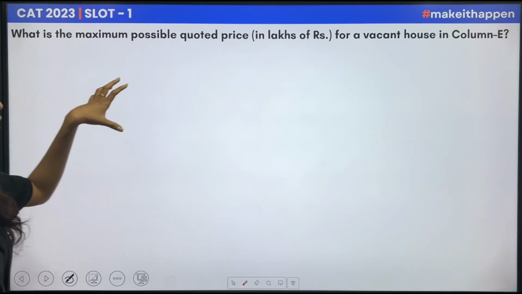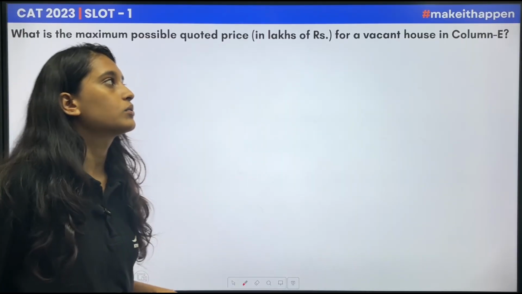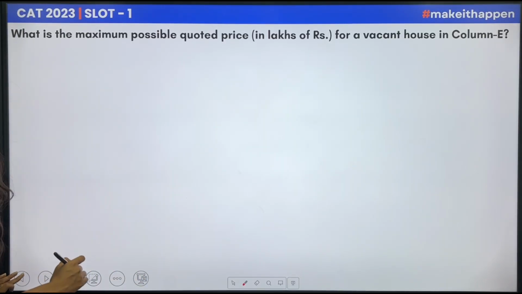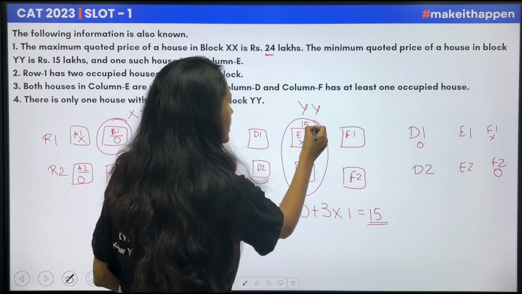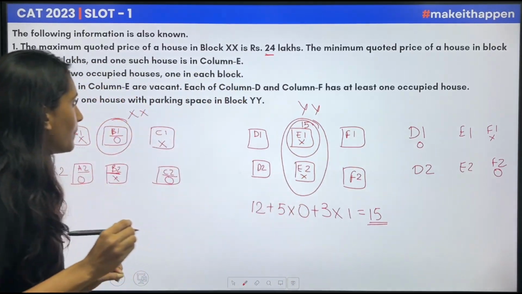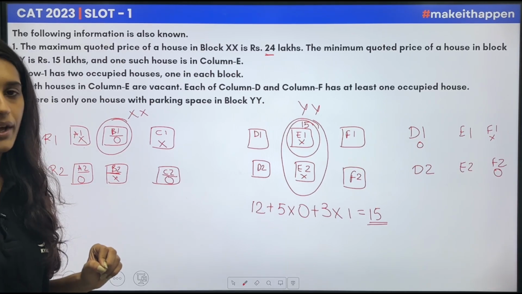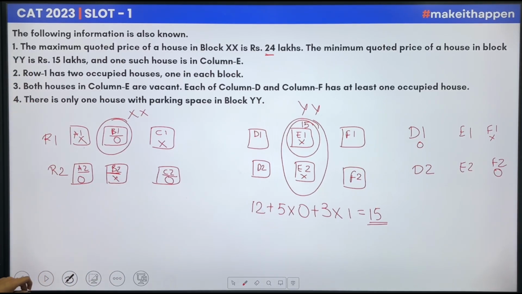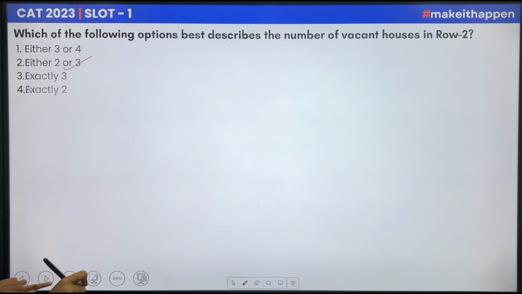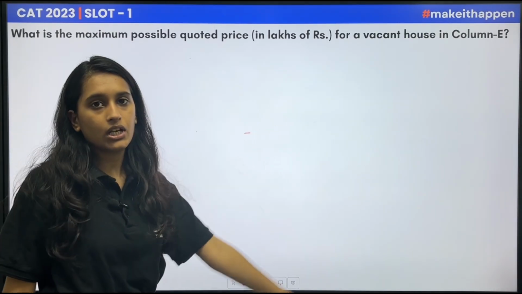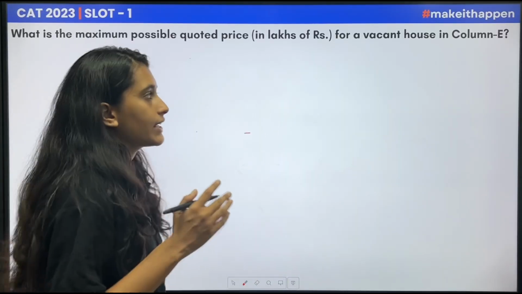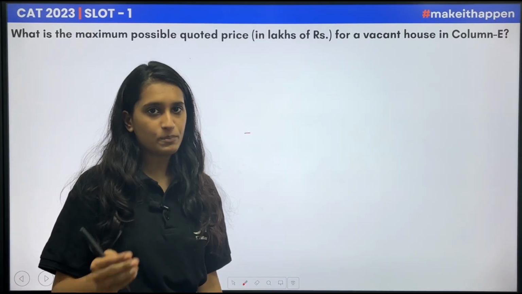What is the maximum possible quoted price for a vacant house in column E? Now, we came across that E1 had a parking space. So, if E1 had a parking space, what is the maximum possible quoted price for a vacant house in column E? We have seen that E1 had parking space.